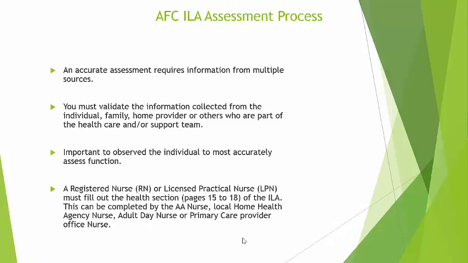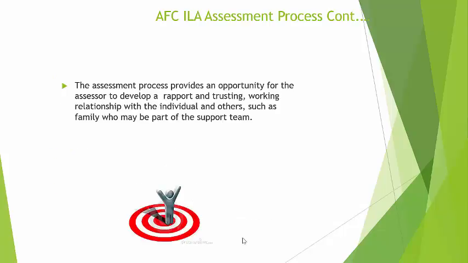If the individual does attend adult day, the adult day nurse could do it, or it's a little more challenging, but you could approach the nurse at the primary care provider's office. Just usually we find there's delays in getting the information back because they're busy.